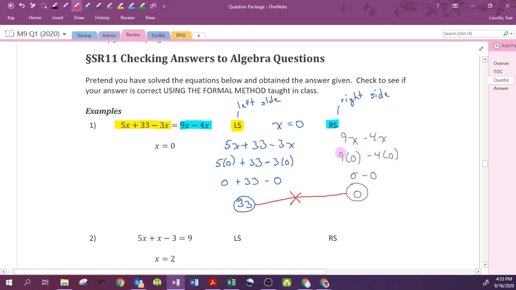If you're pretty confident that you've done the right thing there, then you go back and resolve your equation. I'm not asking you to do that here, because all I'm asking you to do here is check to see if the answer you're given is correct.